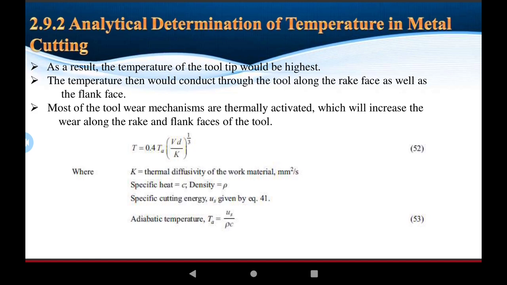C is the specific heat, and rho is the density, which is not mentioned for this formula. The specific cutting energy Us is given by the equation, so the adiabatic temperature Ta is Us upon rho C. Okay, now find the value of Ta.